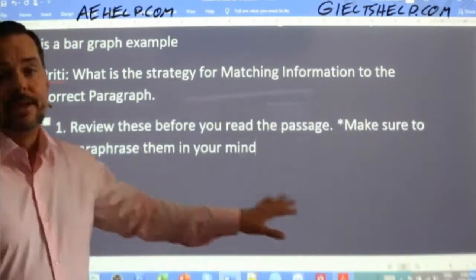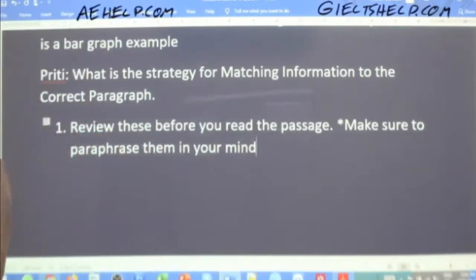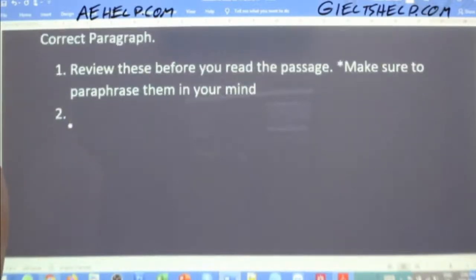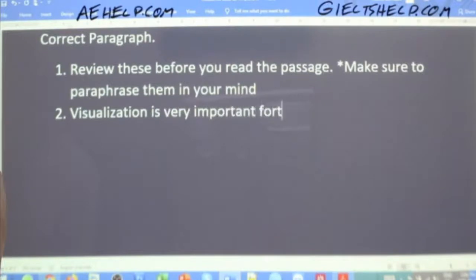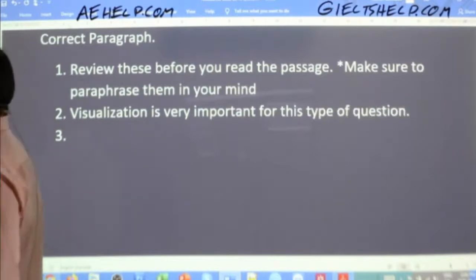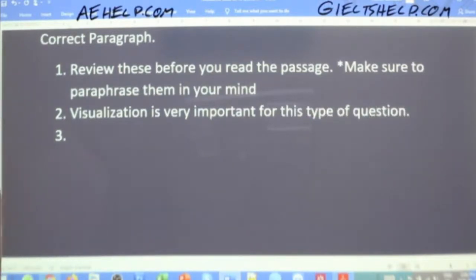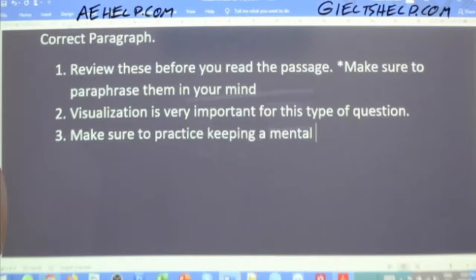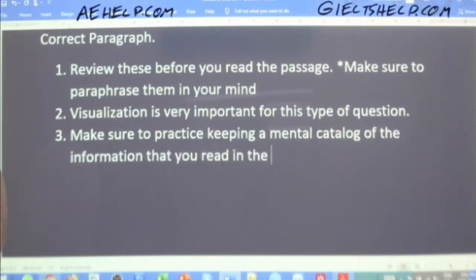Okay, and then visualization is very important for this type of question. Okay. Now, another one, Preeti, is make sure to practice keeping a mental catalog of the information that you read in the passage.